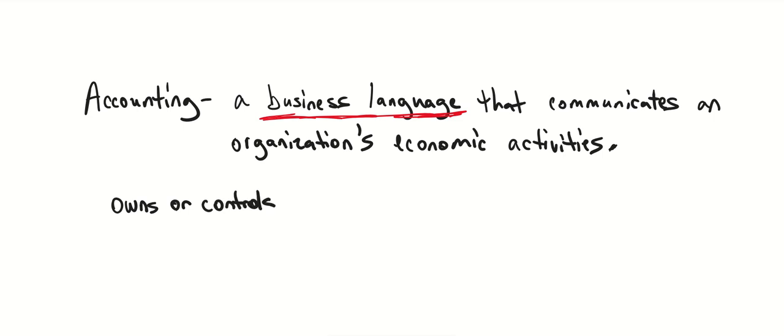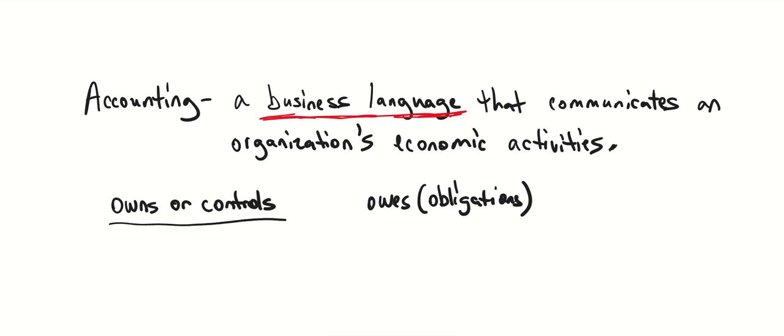So what a business owns and controls, and also what it owes, or obligations. Okay. So what a business owns or controls are known as assets. Okay. Assets are resources that have value with the expectation of receiving future economic benefits from those resources.